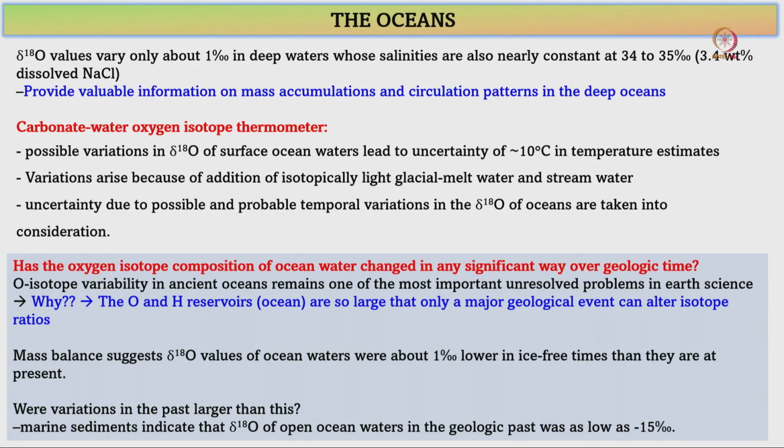It is because, first of all, it is a very well mixed system. In the surface waters, there might be some stratification due to salinity, due to density, due to temperature and all that, but in the deep water the ocean masses are very well mixed, and the variations due to changes in temperature, due to changes in salinity, or due to any other mixing are very less.